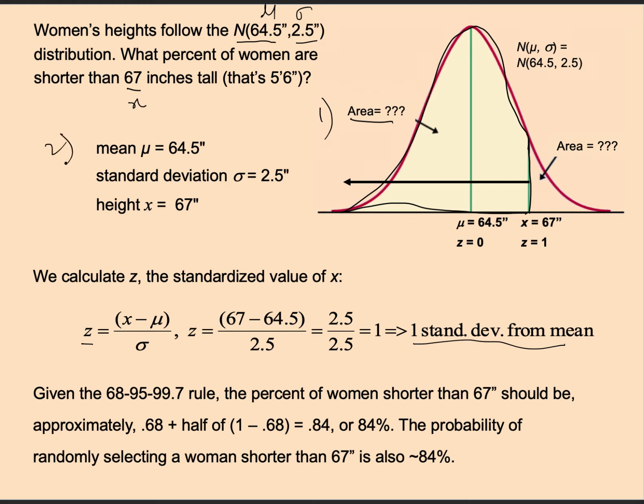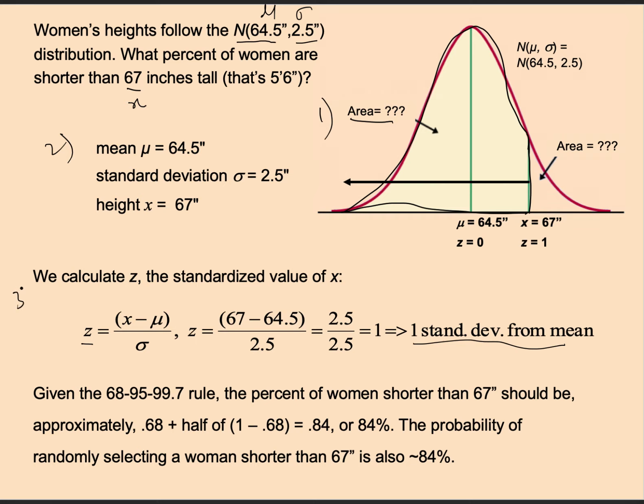The second step is to write down all the values given to you, and you can interchange the first two steps whichever way you feel comfortable. You know this by looking at this convention. N is normal distribution, 64.5 is mu, sigma is everything after the comma, 2.5, and x is 67. But just looking at the given data, you cannot say whether it's shorter than 67, so this graphical presentation helps you as well.